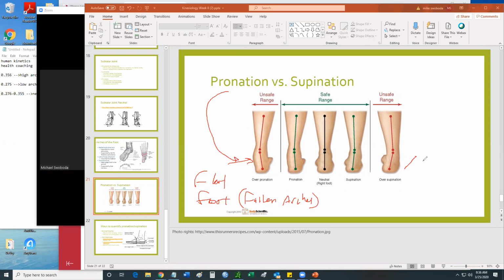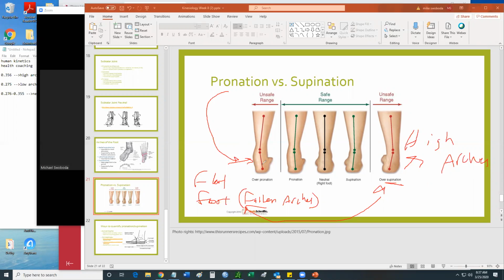If you have oversupination, it means you have high arches. Both of these are equally bad. You don't want either of them.